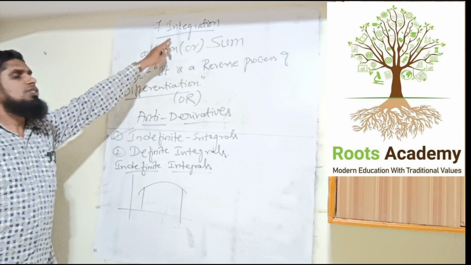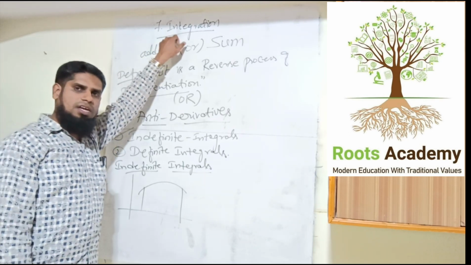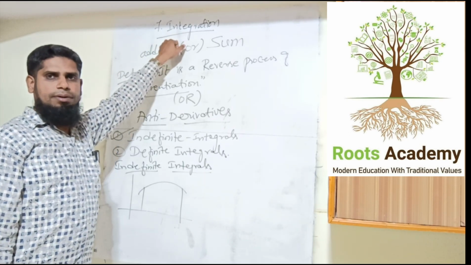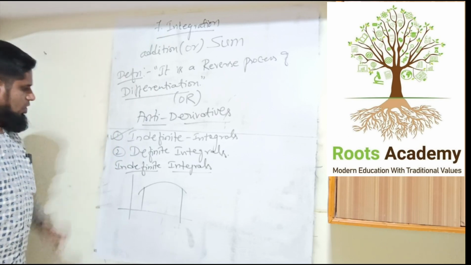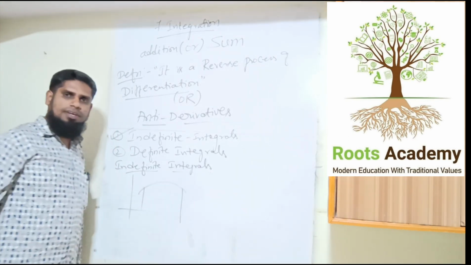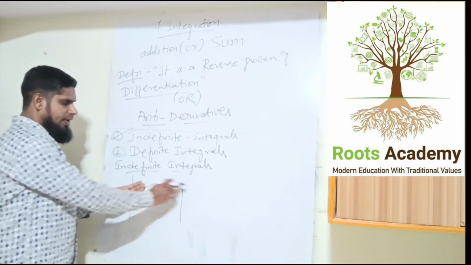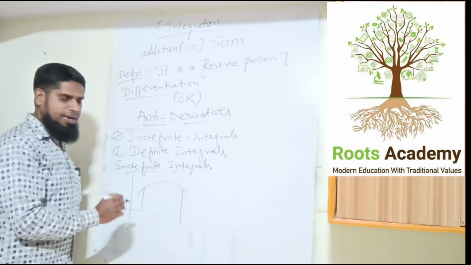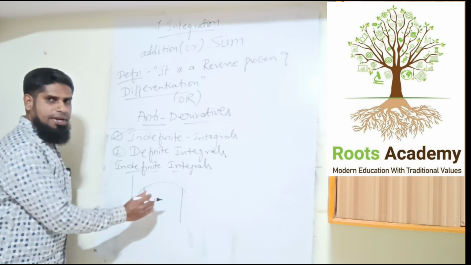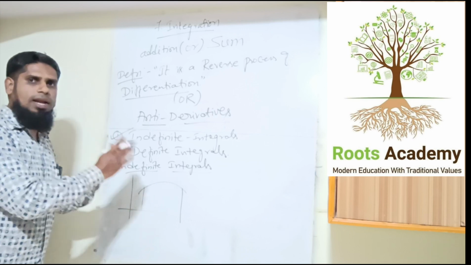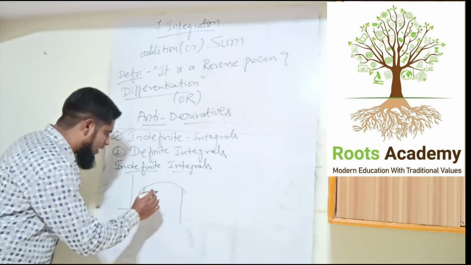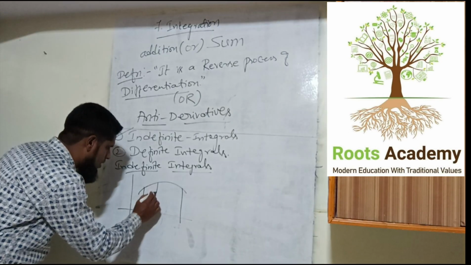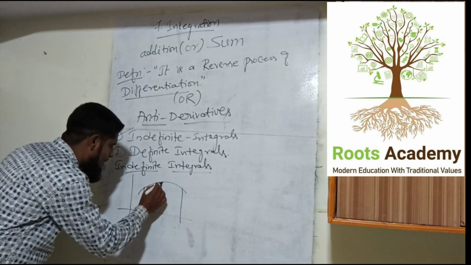We will use integration to find the area under the curve or the area bounded between the regions. We have a bigger area here, which is quite difficult for us to find. So this bigger area we will convert into smaller parts. How do I convert it into smaller parts? I will show you a picture here.